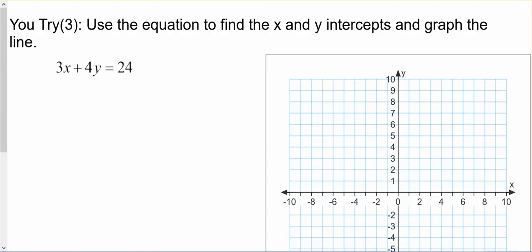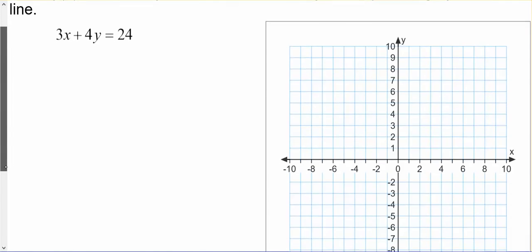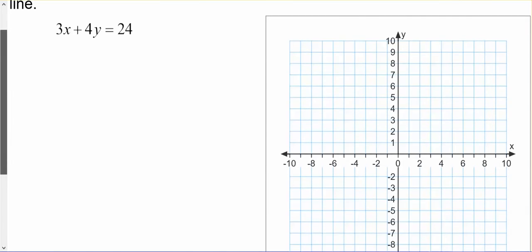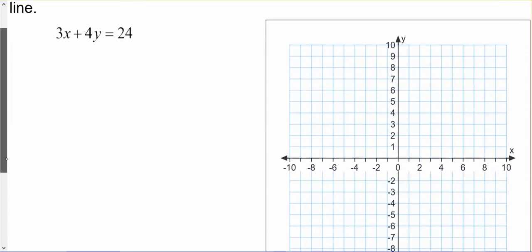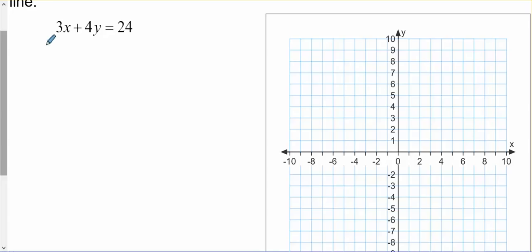So you guys try this one, finding the x and y intercepts. And so we can say our x-intercept is going to be 3x plus 4 times 0 equals 24.